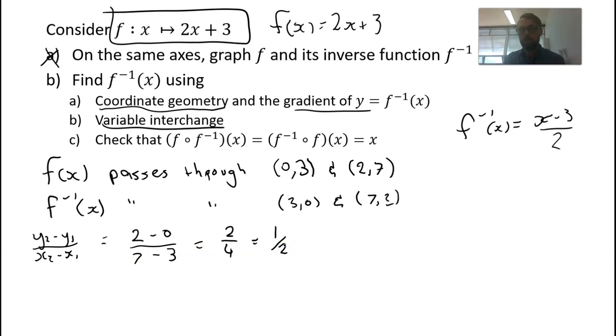All right, so that's the first part. So that's going to be our gradient. We know it has to be a straight line, and that's going to be our slope or our gradient. The other thing we can do is substitute in those x and y's. So I'm going to go back to this equation, my gradient, but instead of the 2 and the 7, I'm going to put in my x and my y.